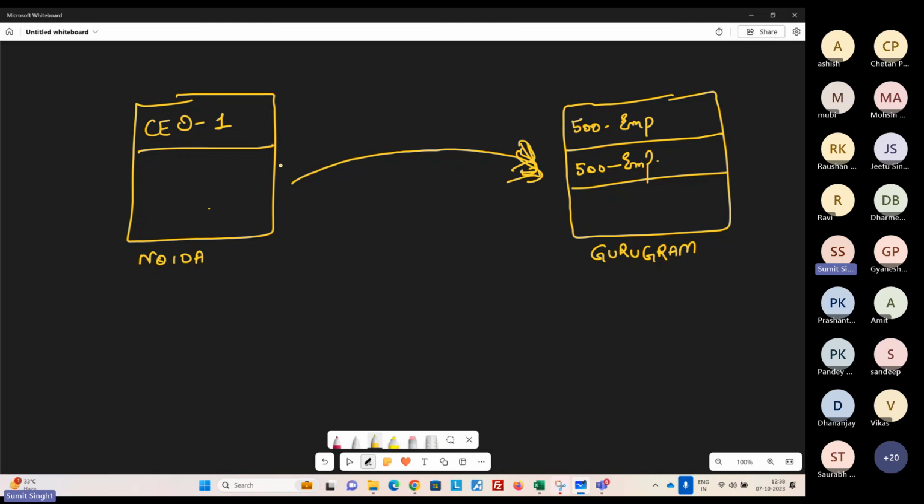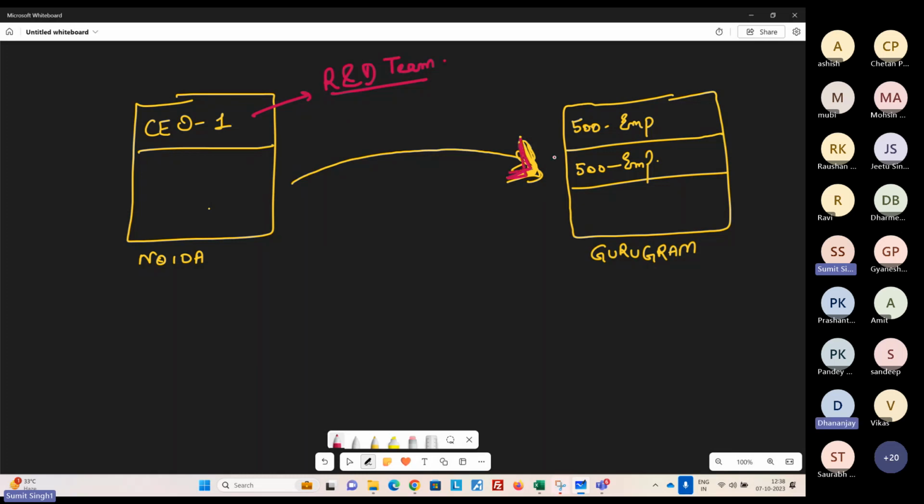Switch and hub were able to communicate inside the building. But what about anything kept in another location? So again, the CEO went to his R&D team. He gave them another task. He told them, I want to send something to my other branch.